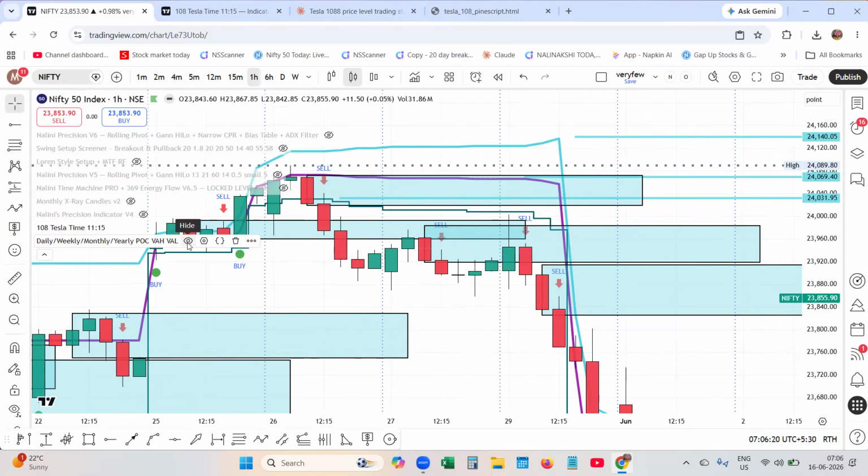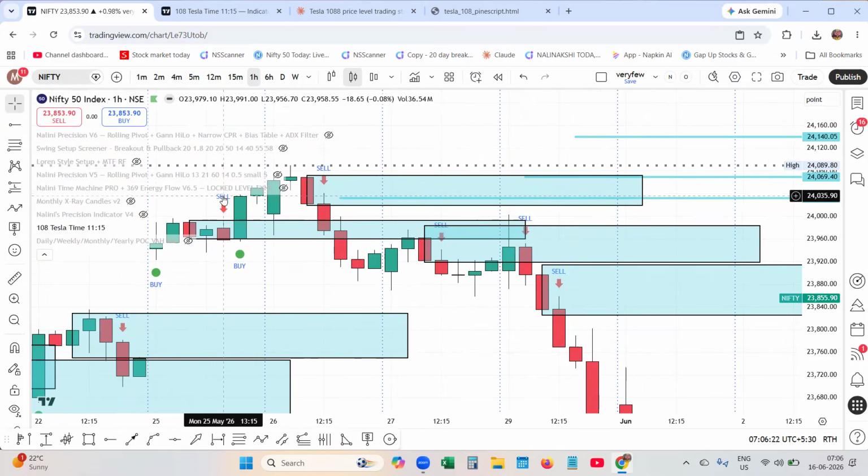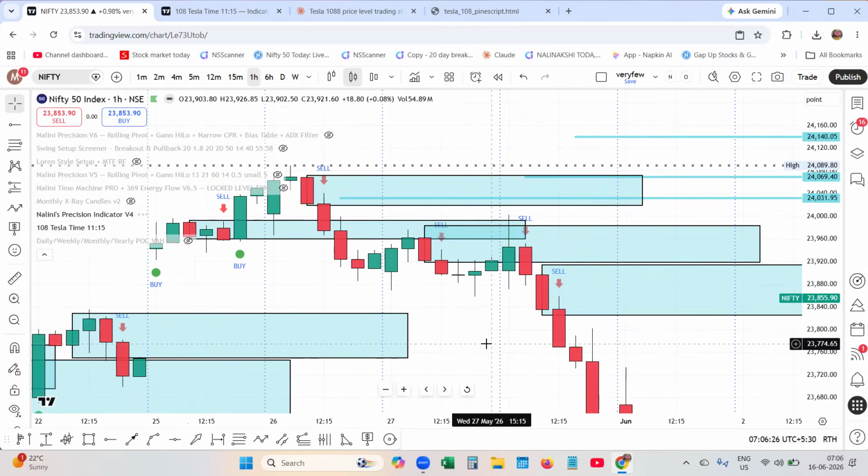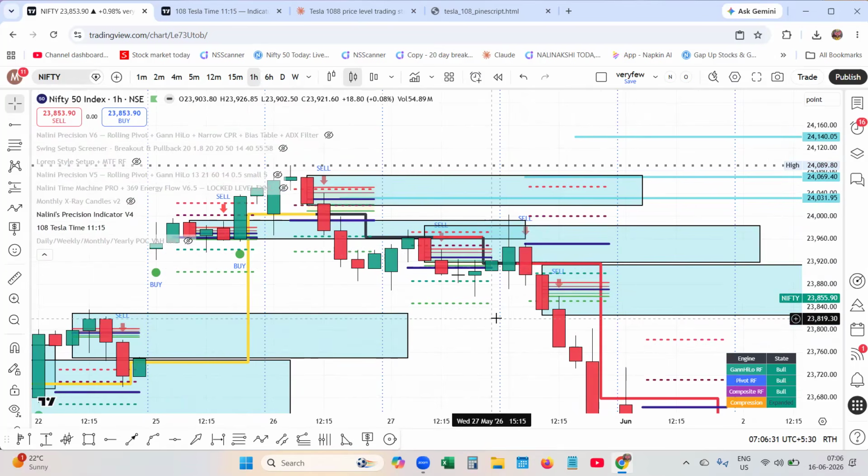For that, let me hide this and show the NALINI precision indicator. With the help of the NALINI precision indicator, you can make out the trend coming down. You see, the pivot has turned completely red, and Gann low. So for that, you can use the time machine NALINI Lorentz system.